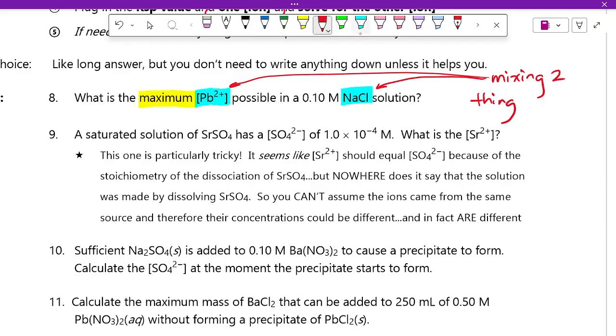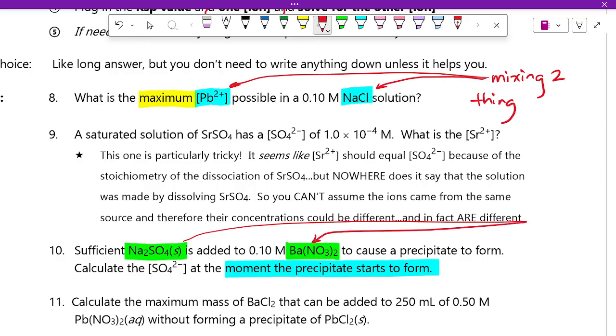In question 10, it says the moment the precipitate starts to form. So that's telling us we're right on that nice edge of precipitation. And we have two things that are being mixed.